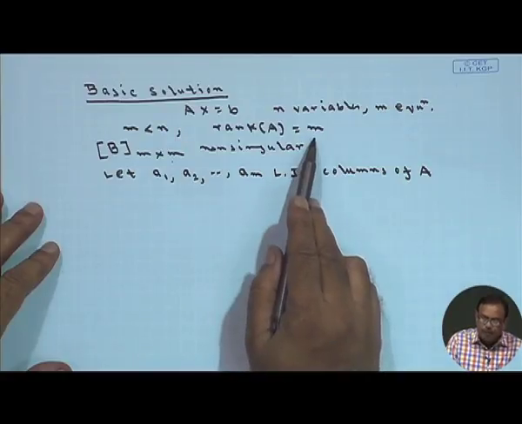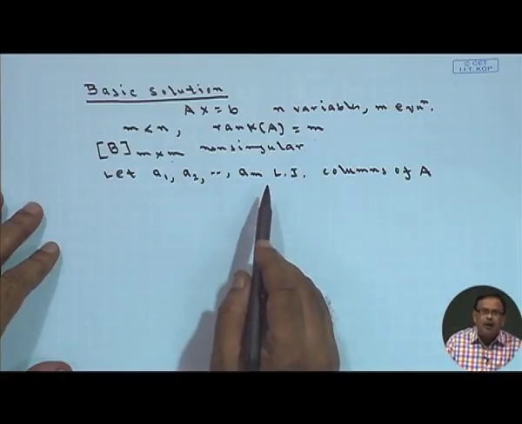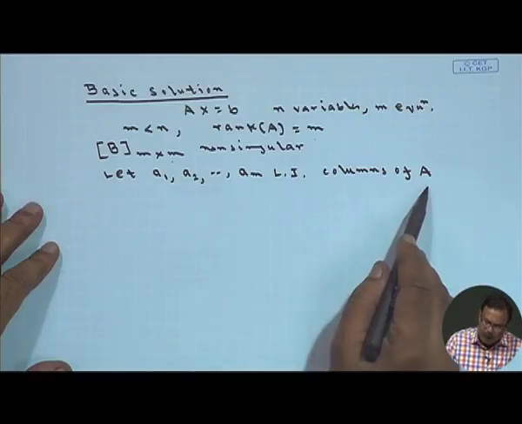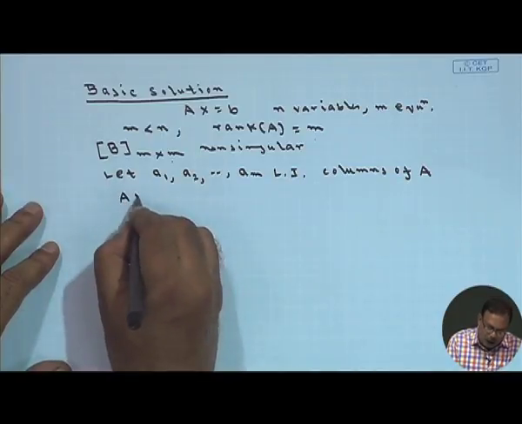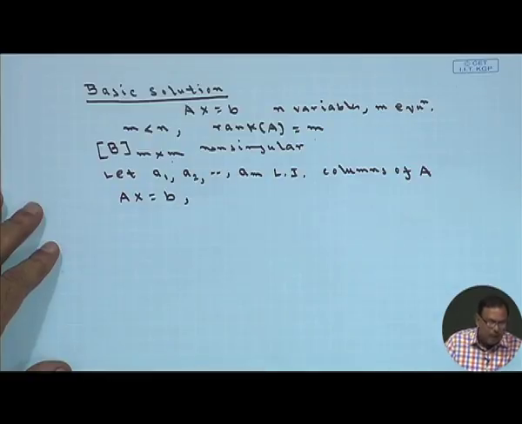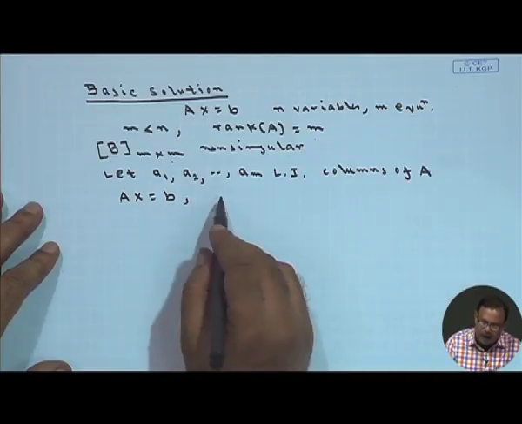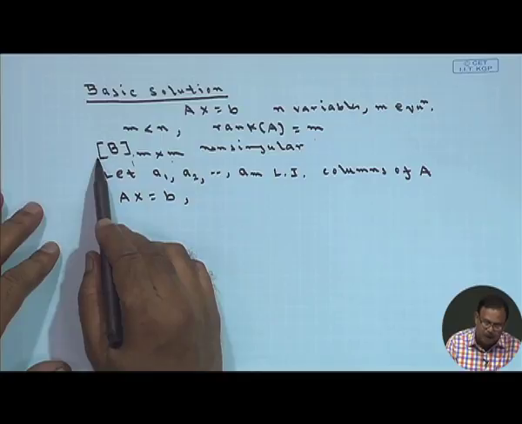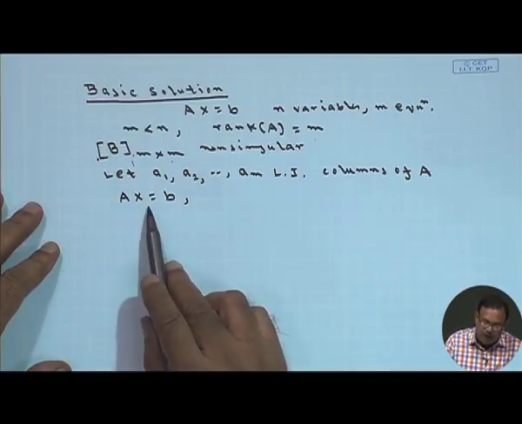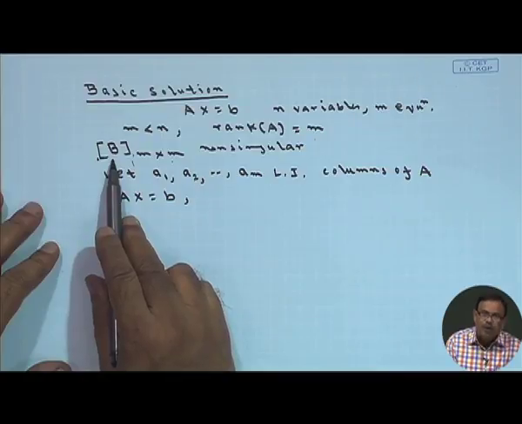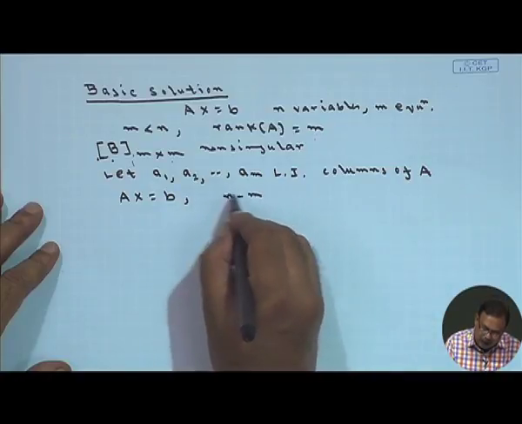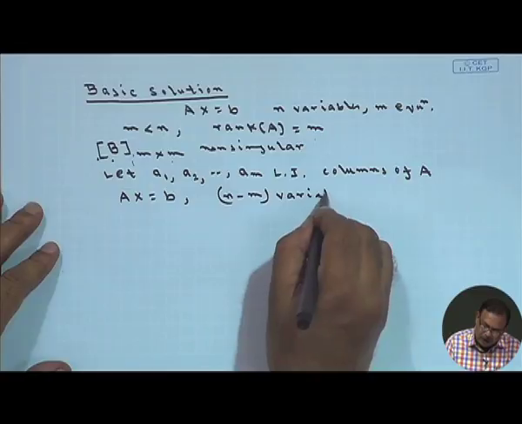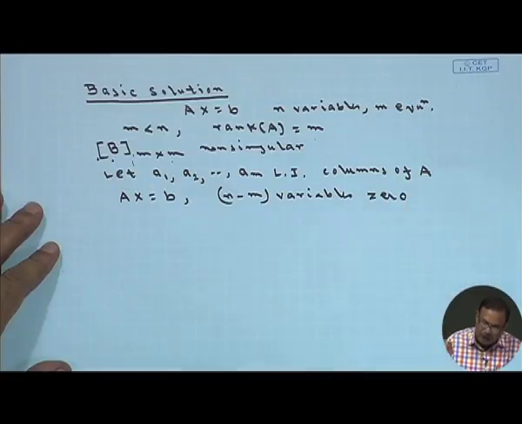Since the rank is m, I must get m linearly independent columns of A. Now your Ax equals b can be transformed into a system with m equations and m unknowns, which I am representing by B, and the remaining n minus m variables will be 0.